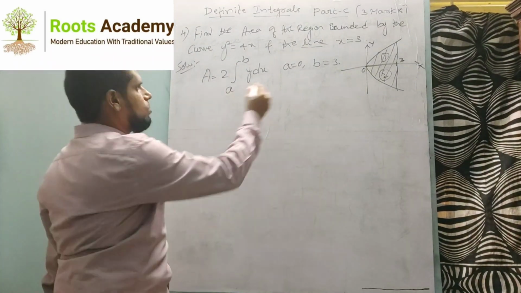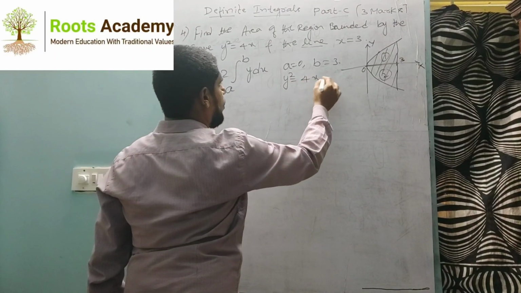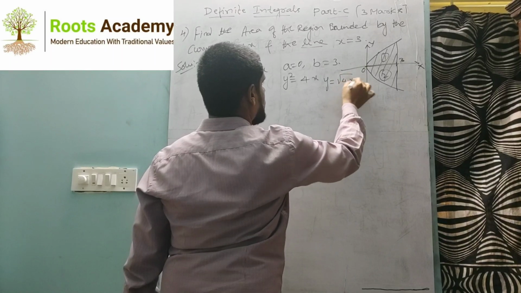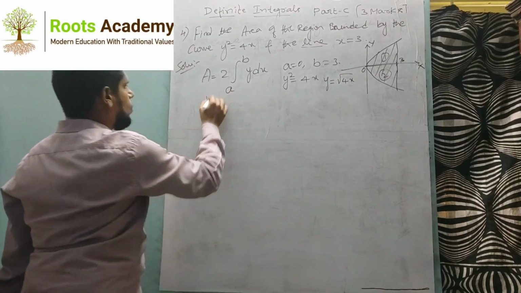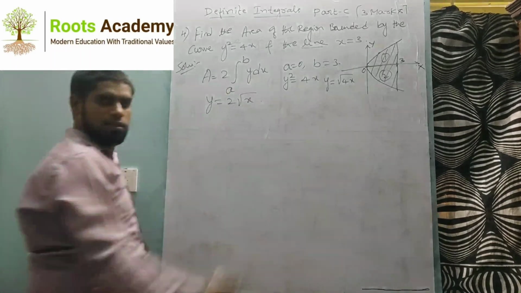Then what is the y value? y square is equal to 4x. That means y is equal to root 4x. So here y is equal to root 4, which is 2 root x.